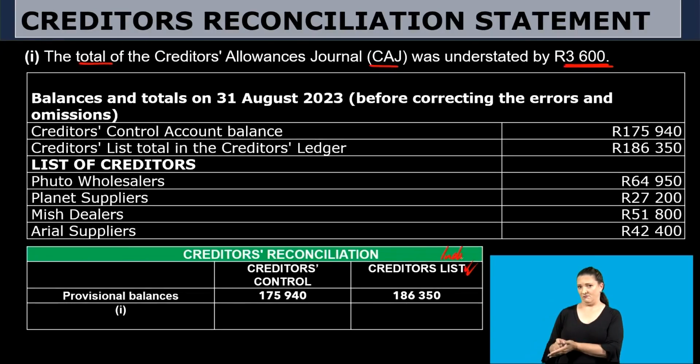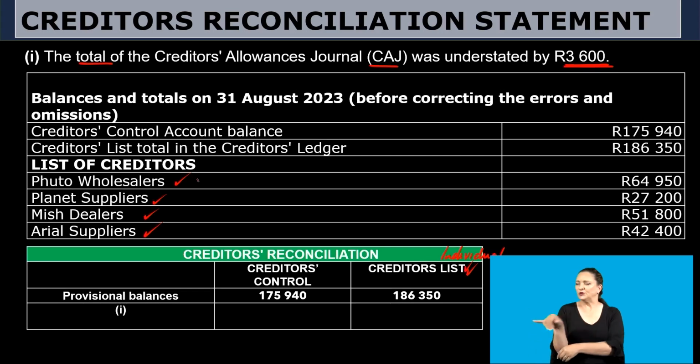are recording in the creditors list, we are dealing with individual accounts. For example, we must be looking at either Puto, Planet, Mish, or Aerial Suppliers. I can ask you a question right now, that if I'm to correct this amount that was understated, to whom am I going to correct it if I'm to record it in the list?